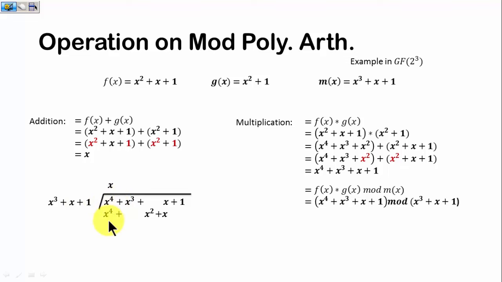So x to the power 4 and x to the power 4 nullify each other. x cube is written as it is, x square is written as it is, and x and x nullify each other. Then you will have the last term, that is plus 1. Now this whole term goes 1 times, right? And it evaluates to x cube plus x plus 1.